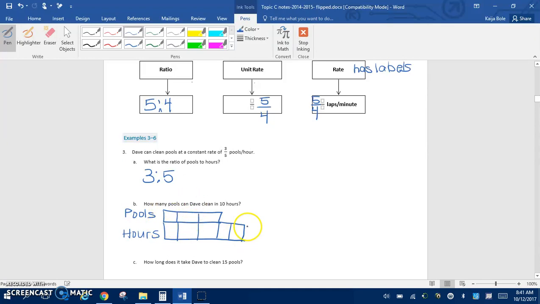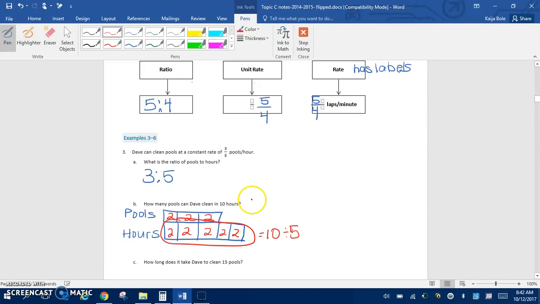They asked us about 10 hours, so we're circling the hours boxes, and all of this equals 10. We have 5 boxes, so we're going to divide by 5. That means that 2 is going in every box. So fill those in.